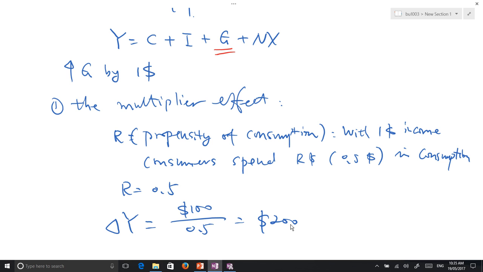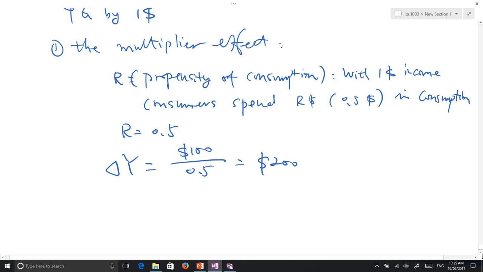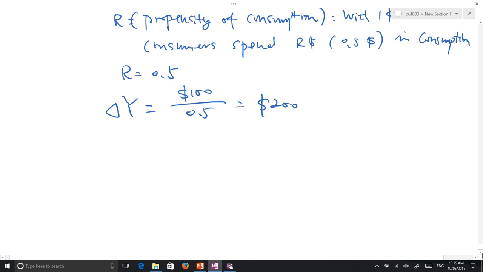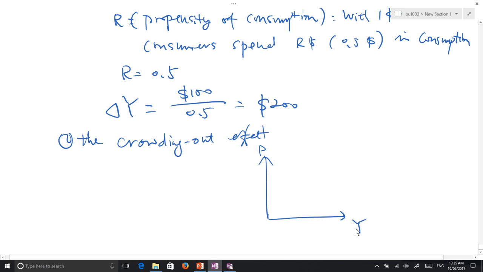Okay, so this is the multiplier effect. However, there's another contrasting effect as well. We call it the crowding out effect. Basically, so now we have price is 80.